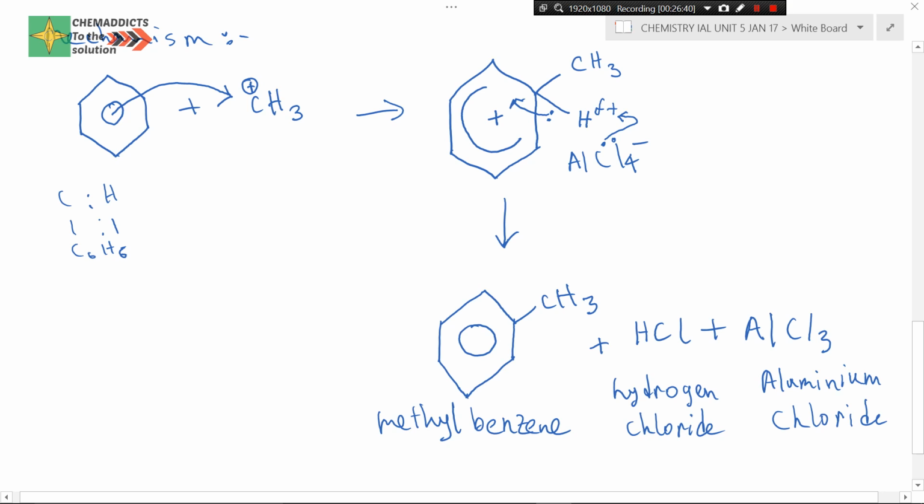So fellas, that's it. That's the whole mechanism behind this reaction. First of all, we need to generate an electrophile and a nucleophile for the mechanism. Here, methyl is the electrophile and aluminium tetrachloride is the nucleophile.